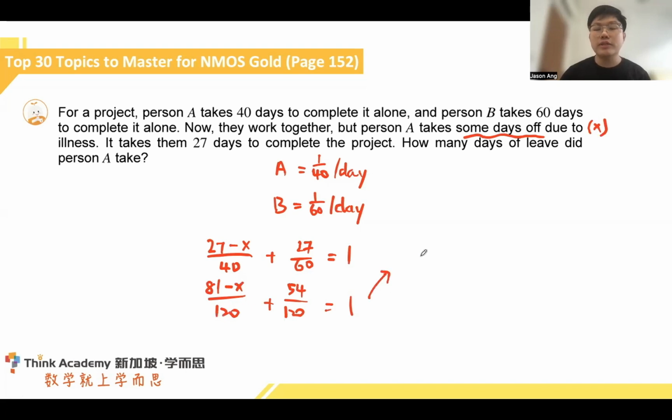So when we combine all these together, what are we going to get? 81 minus X plus 54 gives us 120. And from here, X is just 81 plus 54 minus 120. 81 plus 54 is 135, minus 120, X equals 15. And just like that, we managed to very quickly determine the number of days that A has taken leave.